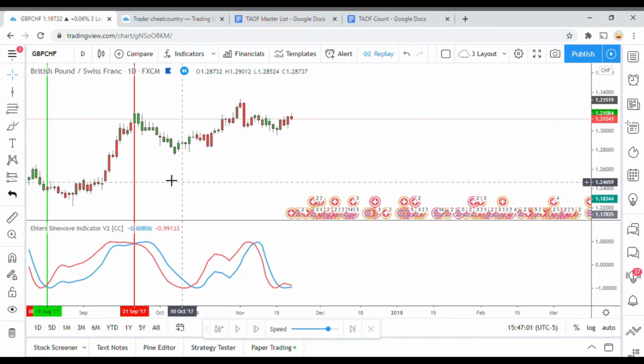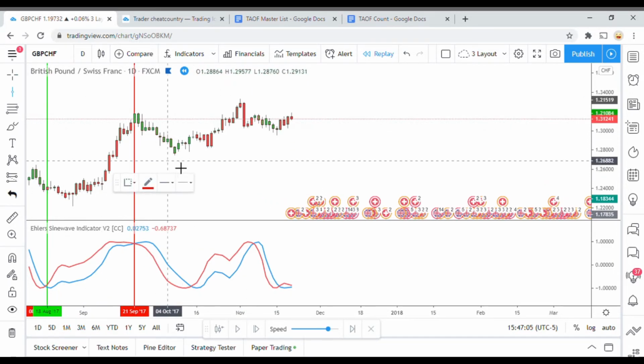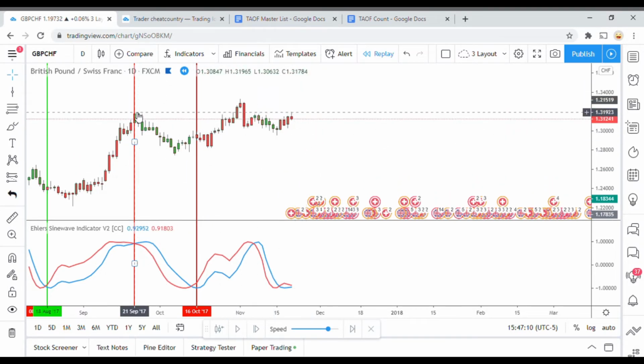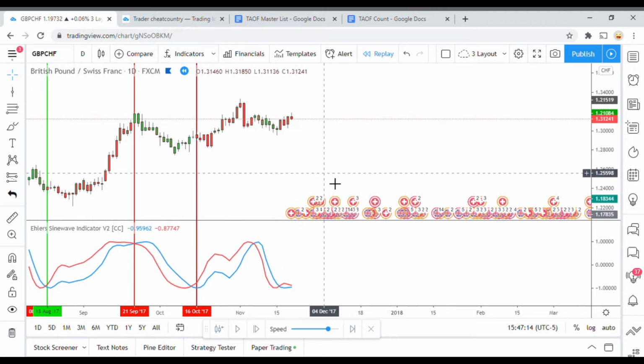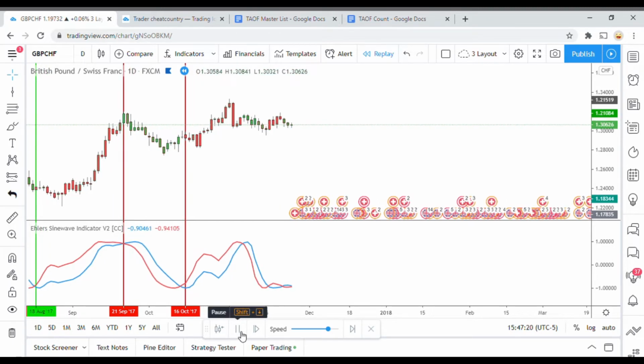That it keeps throwing these, a short signal right there, and then it just smashes up. Long signal right here, smashes down. Same back there, short signal, but rode that for a long time.